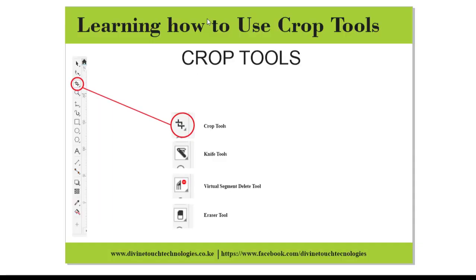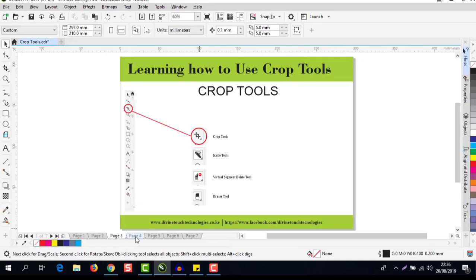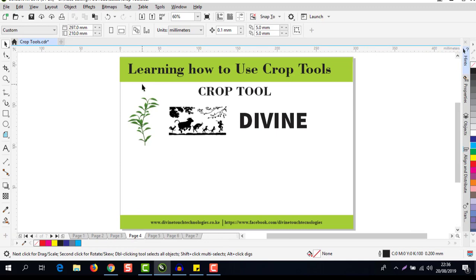Let's magnify that. So as you can see, we have this tool here, one being the crop tool, followed by the knife tool. The third one is the virtual segment tool, then the eraser tool. Allow me to go through them one by one, starting with the crop tool.